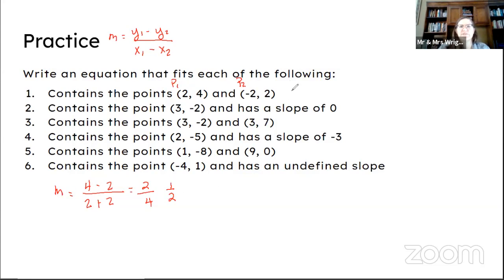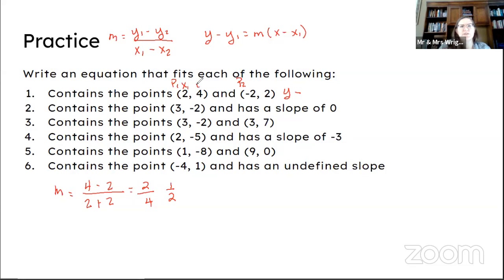Okay, well, having that information, I can now write my equation. And remember, my formula is y minus y1 equals m times x minus x1. Okay, so I'm going to write it here. y minus, well, what's my y1? I have point 1 here.